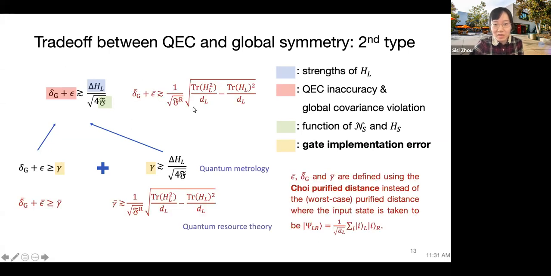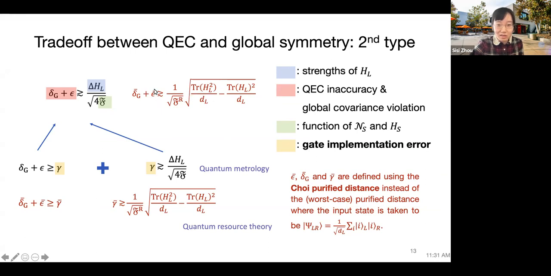Also, by using tricks from quantum resource theory, we can get a different type of trade-off relation based on the Choi purified distance. Recall that previously I defined the purified distance using the worst case fidelity. But now if we don't use the worst case fidelity and assume the input state is the maximally entangled state, we can have this Choi purified distance, which is kind of the average over input.